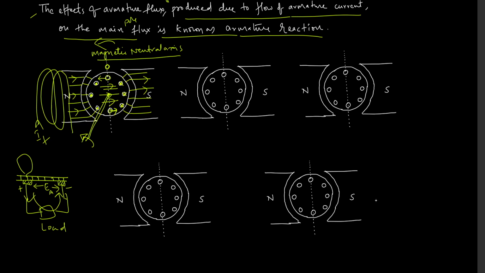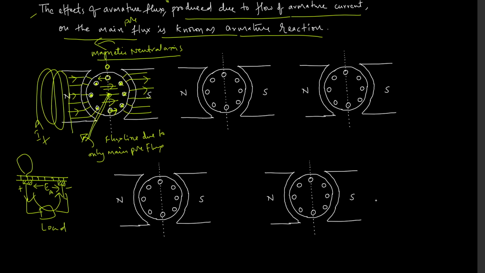Now I am trying to draw the flux lines due to only the armature conductors. Here I have drawn the flux lines due to only the main pole flux.